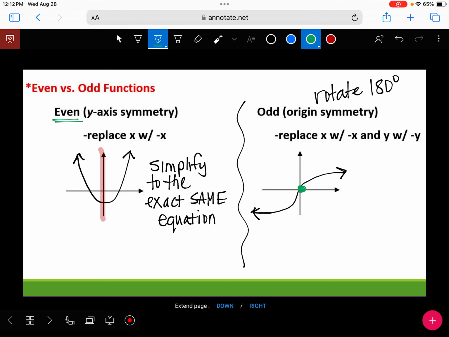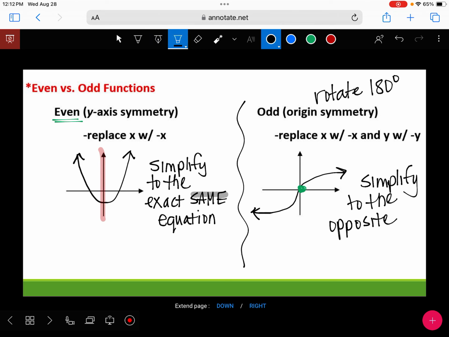If I were to turn that 180 degrees, you wouldn't be able to tell that I turned it. It's going to look the same. And we're going to know that because it's going to simplify to the opposite, the opposite of the equation. So even is going to be the same. Odd is going to be the opposite.